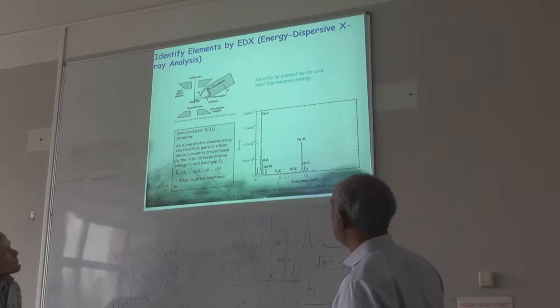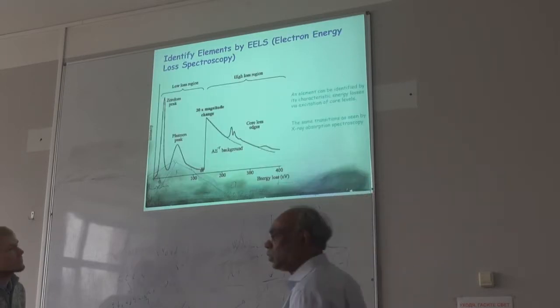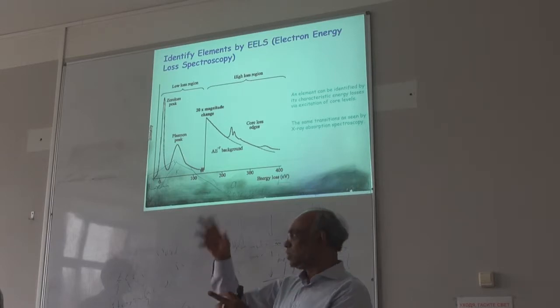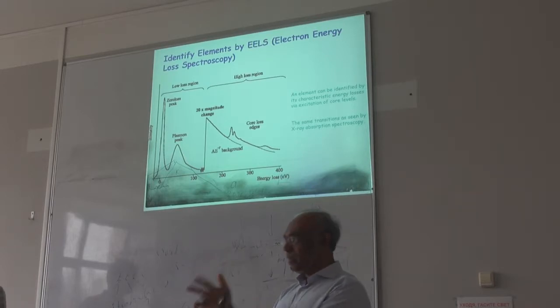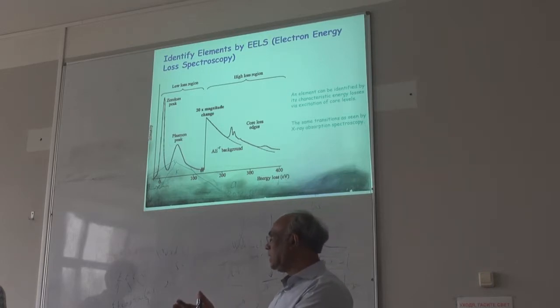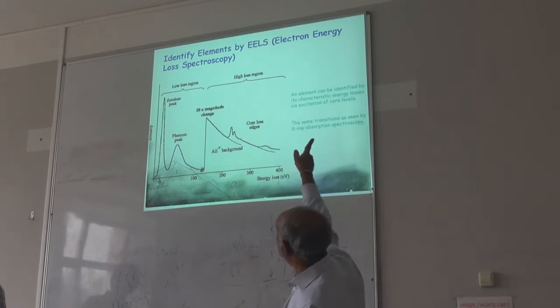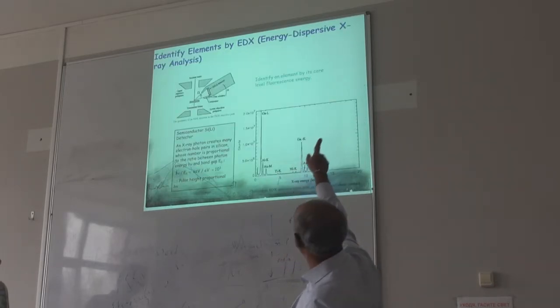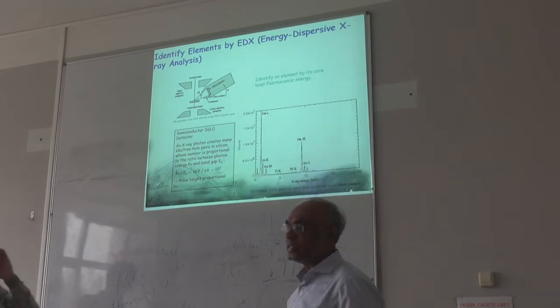Okay, so that's one thing. First we did the image, right? We just looked, then we did the diffraction, then we did EELS. Then we can do something called EDAX. This is called energy dispersive X-ray analysis.